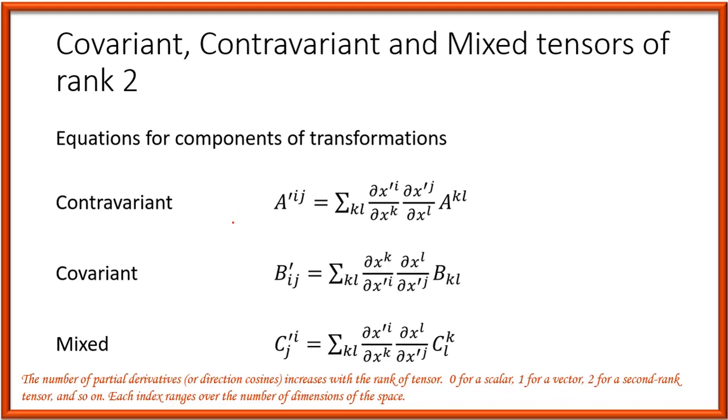So based on that, there are contravariant, covariant and mixed tensors. See, the contravariant tensor varies contravariantly in i and j if Akl is a component of a tensor. That is, a tensor is represented by a matrix. So, Akl must be any component, any matrix element.